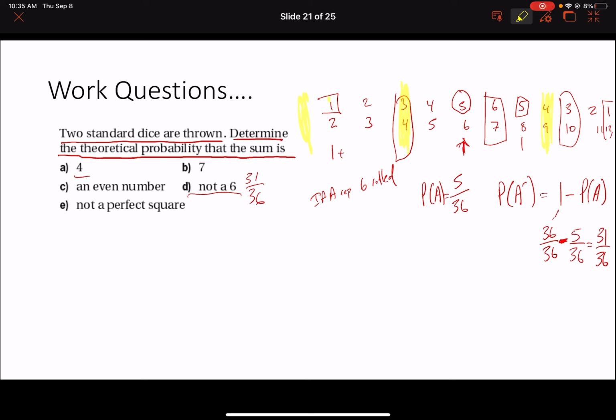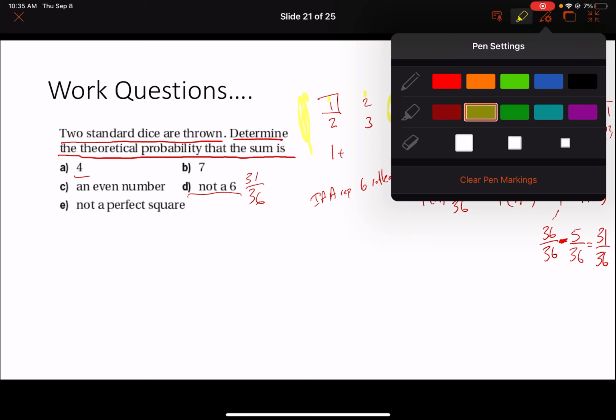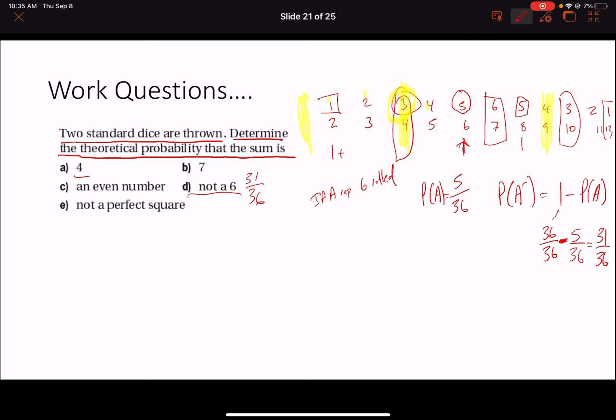So we could add 1 plus 2 plus 4, but instead I'll take this 3 and this 4 right there, and let A represent the event of rolling a perfect square.